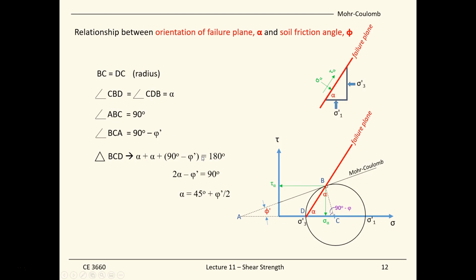So we can solve for alpha in terms of angle phi. So we got this equation, which may help us in the future for analysis when we look for friction angles given the failure plane, or the other way around, where we are given the alpha angle, but we solve for the phi angle.